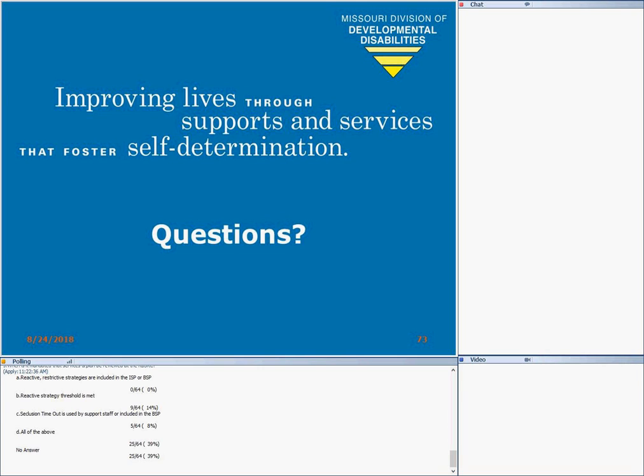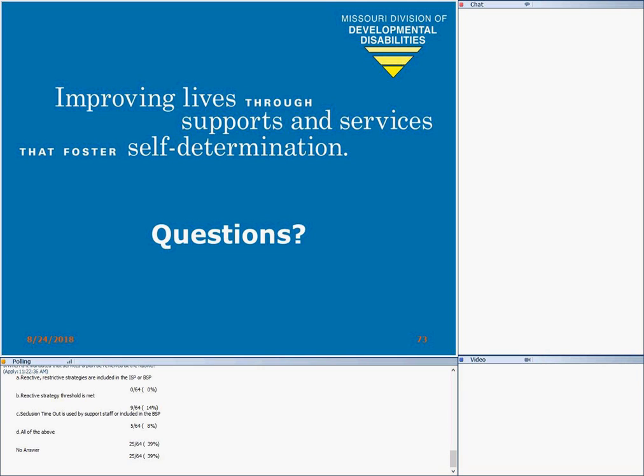Okay, who is responsible for tracking reactive strategies? I think I said this in the beginning, that the support provider whose staff are using those strategies is responsible for tracking them.